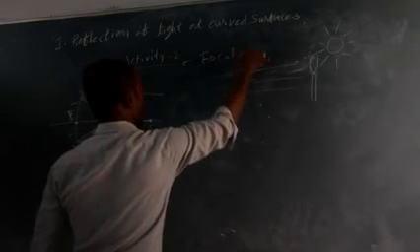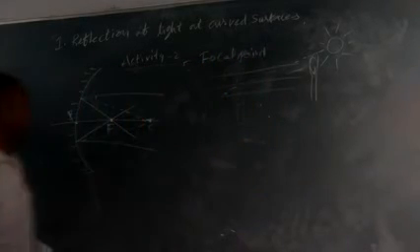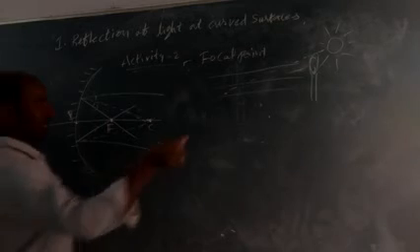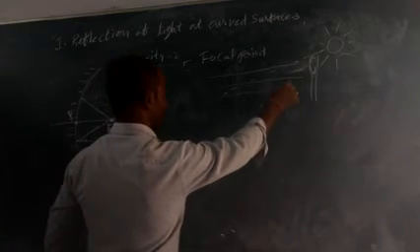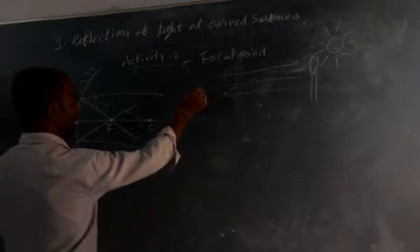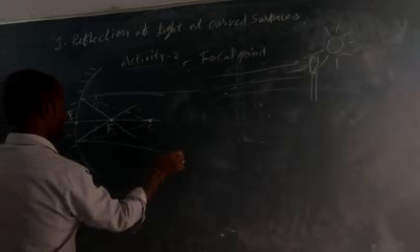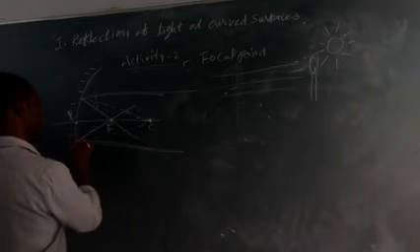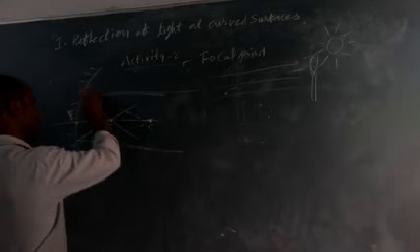How are we going to explain this activity? Take a concave mirror, and take a candle or light source which is somewhat away from this concave mirror, and at that moment the rays which are parallel to each other can be incident on this concave mirror.